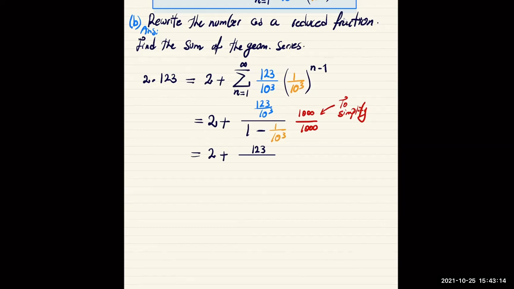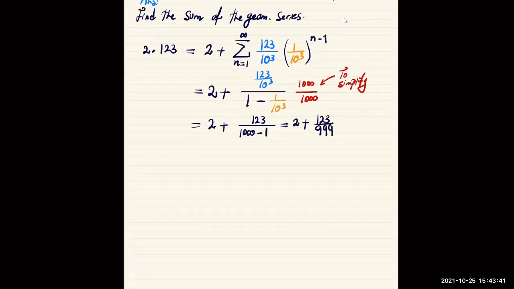On the bottom, 1 times 1,000 is 1,000 minus 1 over 1,000 times 1,000, which is just 1. So we get 2 plus 123 over 999. And we are done.